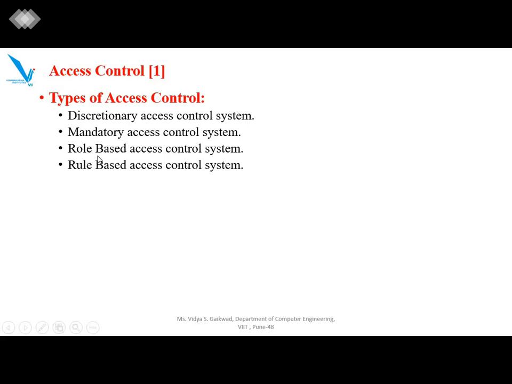Next, the third type is the role-based access control system. In this, users are permitted to access systems and information based on their role within the organization, right? Suppose there is an ERP coordinator, then he or she has the right to access the ERP server.